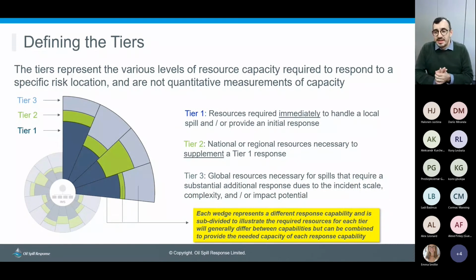Each wedge represents a type of response capability, while each tier represents the capacity of the response capability required to respond to a spill for a specific facility or region. The tiers cannot be defined quantitatively.